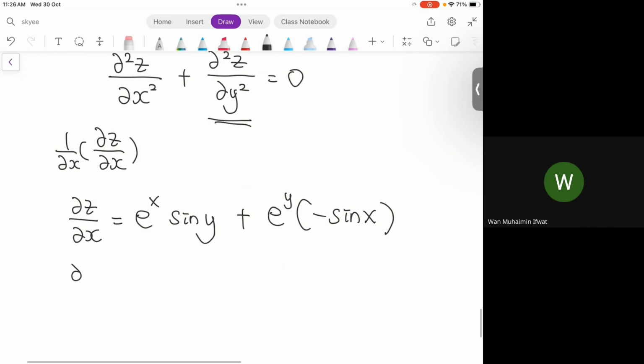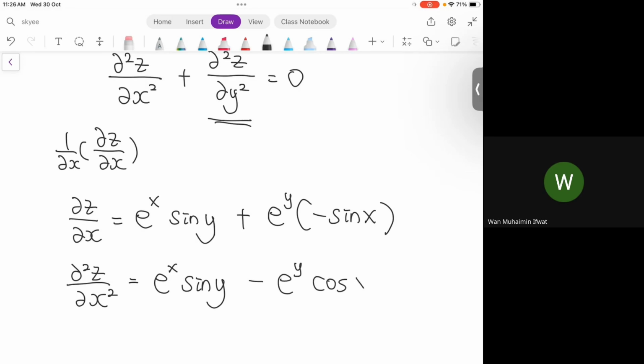Now we differentiate a second time with respect to x. The exponent x stays, nothing to do with this one. Now differentiate with respect to x: sine will give you cos, and you have a negative. So you put a negative here, negative e to the y cos x. Okay, so this is the answer.